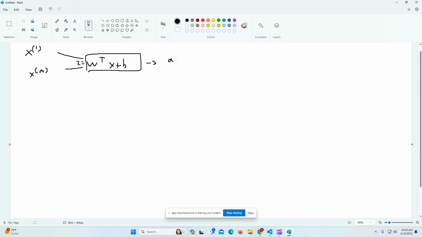Then a is going to equal the sigmoid of z, and then we're going to take the loss of our a compared to our y, which is the actual value. Y is our actual value, and a is our prediction.